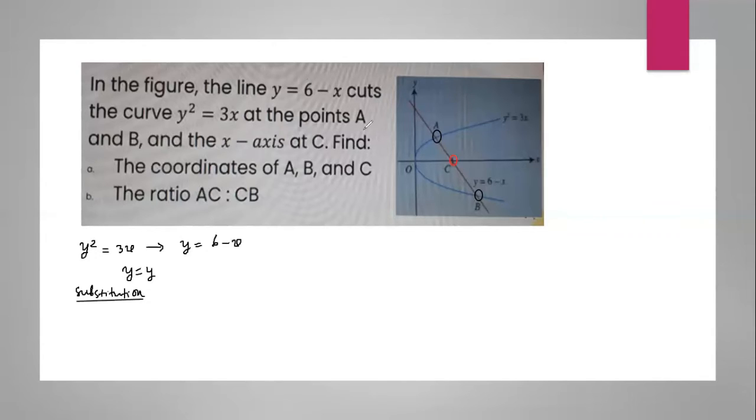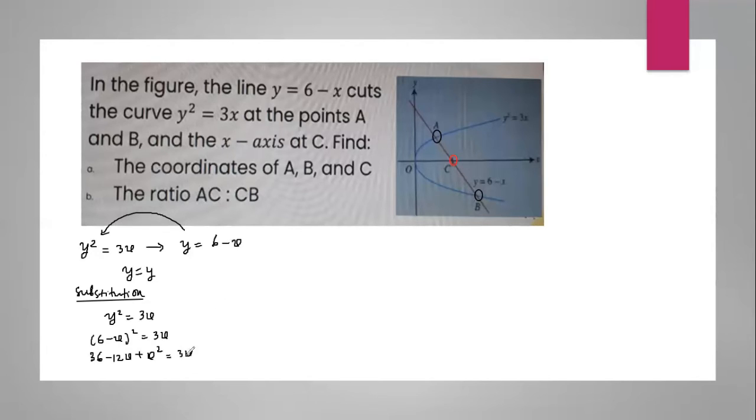So you insert y equals 6 minus x into the curve. y squared equals 3x, so 6 minus x squared equals 3x. Expand: 36 minus 12x plus x squared equals 3x.